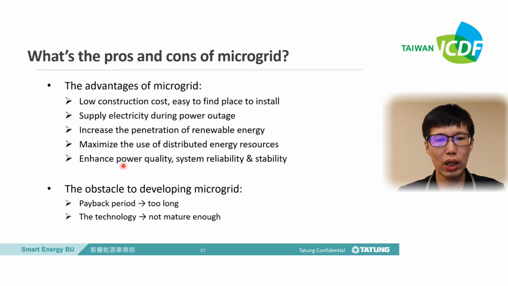And finally, it can enhance the power quality and the system reliability or stability. And there are also some obstacles to developing microgrids. For example, the payback period is too long for some customers, and the technology of microgrid is not mature enough.